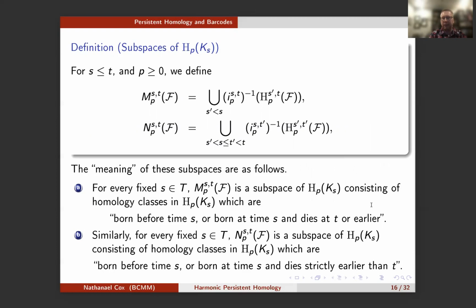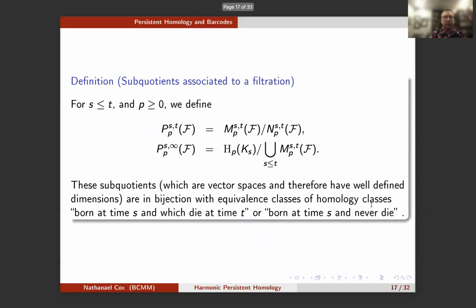And N_p^{s,t} consists of the homology classes which are born before time s, or those that are born at time s and die strictly earlier than time t. And if we take their quotients, then these quotients are going to be in bijection. The first quotient with equivalence classes of homology classes that are born at time s and which die at time t, or those that are born at time s and never die in the case of the second quotient.